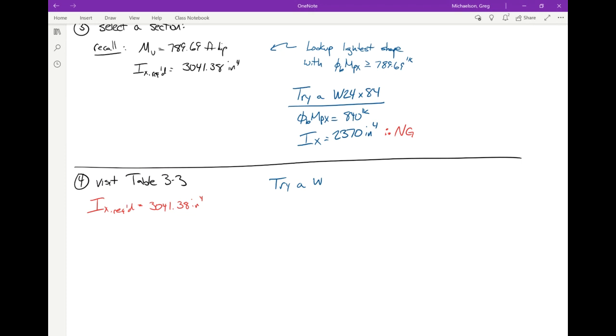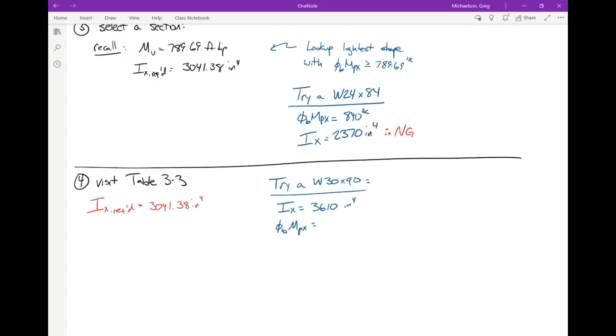Now, somebody else other than Mr. Schwartz and Mr. Walker, because you all have been monumentally helpful. I'll go ahead and tell you that IX for this is 3610. Now, somebody go back to table 3.2 and tell me what this is for the W30 by 90. Somebody other than Mr. Stratton.